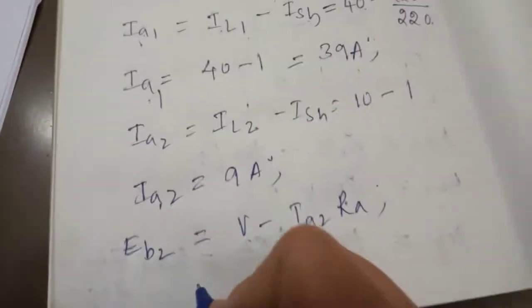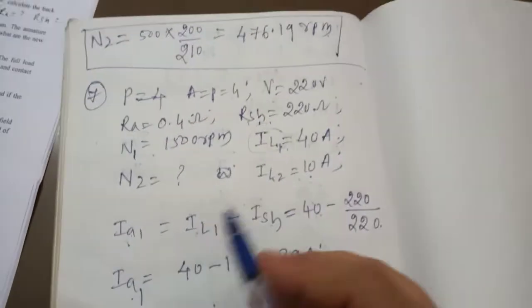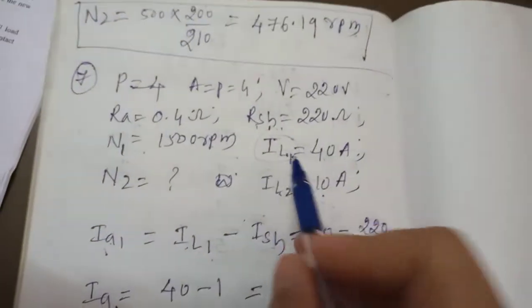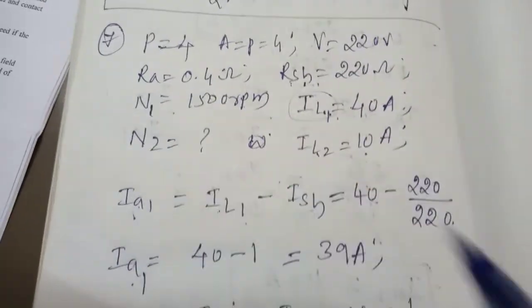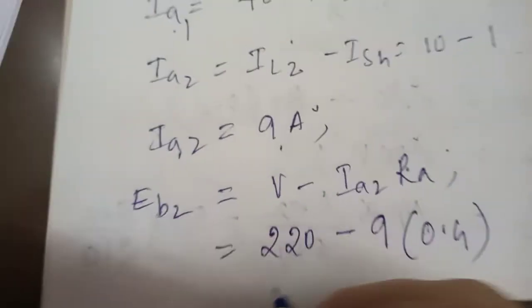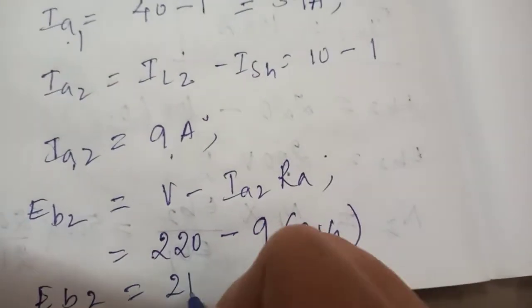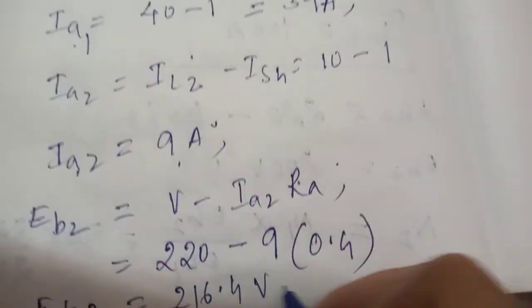V is 220. So 220 minus 9 into RA, which is 0.4 ohms. So EB2 is equal to 216.4 volts.